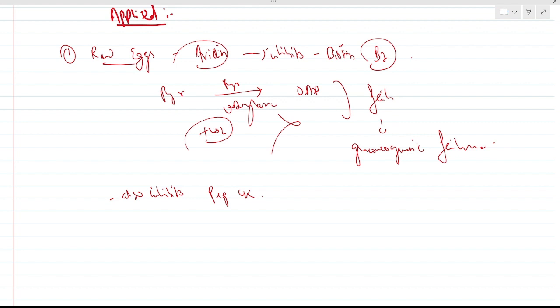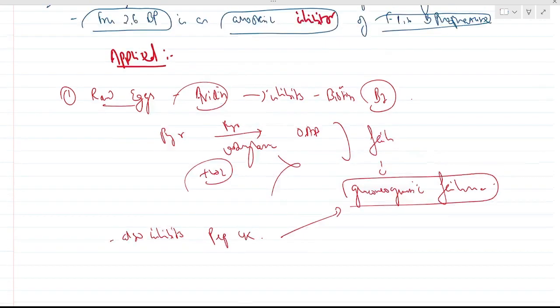So both lead to gluconeogenetic failure or inhibition. This was one applied concept here: raw eggs which contain avidin, and the gluconeogenetic pathway requiring biotin for its process. This is all about gluconeogenesis.